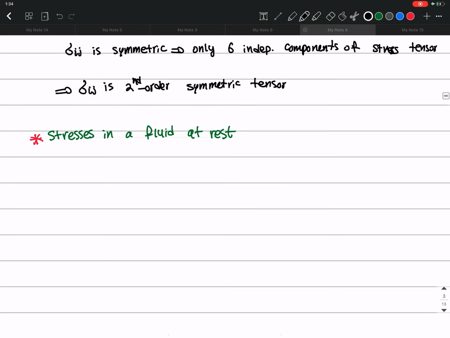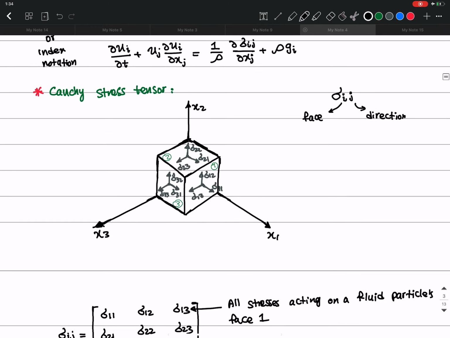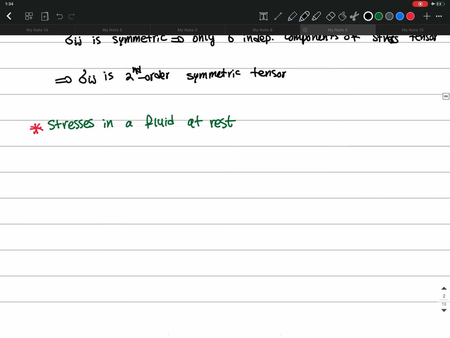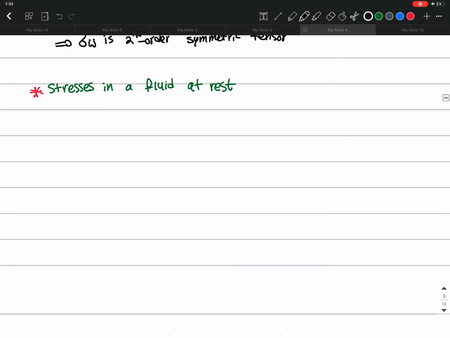So when a fluid is at rest, meaning that it's not moving, it's kind of steady. For example, you can imagine you have a dam, the flow is just there, or you have a tank of water and the flow is not moving. In such a fluid at rest, the forces or the stresses are at equilibrium, right?